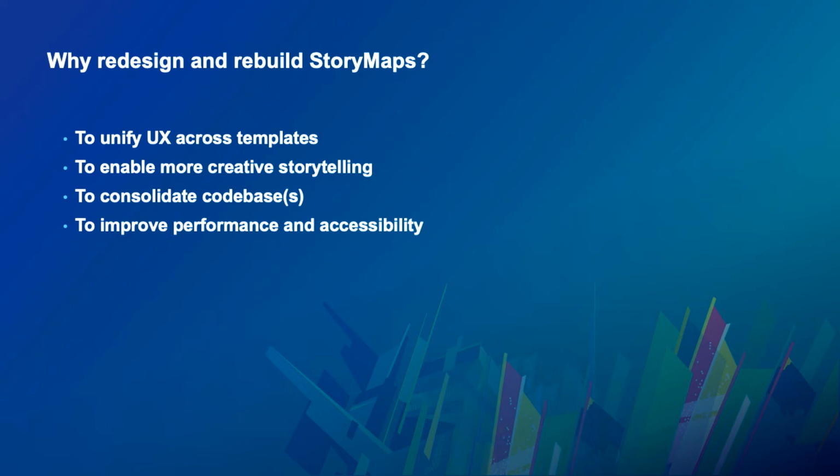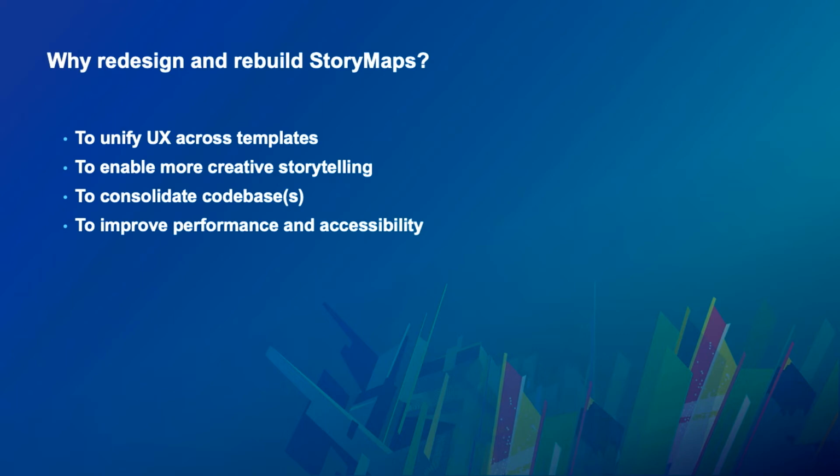When you start creating a story map currently, you have to choose a template and you're then locked into that experience. So one of our primary goals for rebuilding story maps is to create and consolidate a unified UX where you still have access to all the best bits and pieces of these different templates, but in a single consolidated authoring environment.